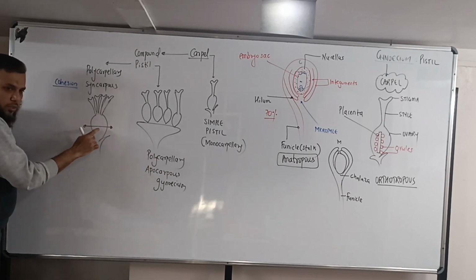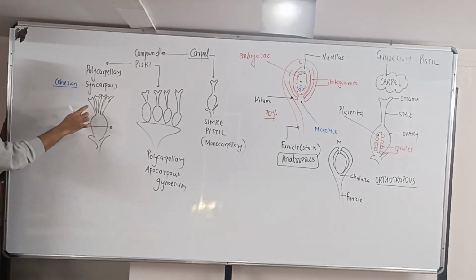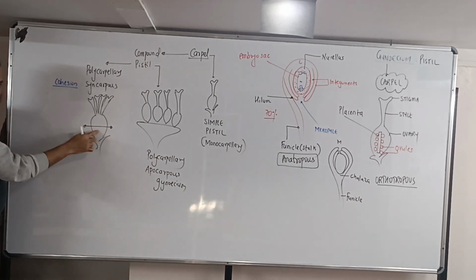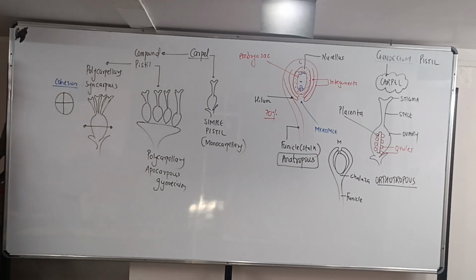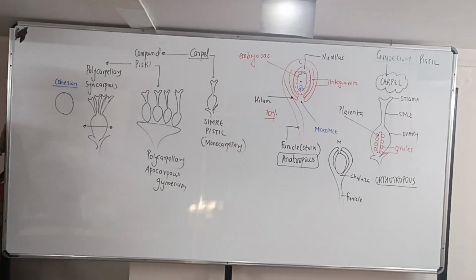So I'm taking a TS of the ovary. And here, 4 stigmas and 4 styles have fused to form one ovary. So I was expecting that inside also there would be 4 compartments, that is 4 locules, but their fusion is completely complete, meaning even the inner walls have fused with each other. So am I seeing 4 locules inside or only 1 locule? One locule. So is it an incomplete fusion or a complete fusion?